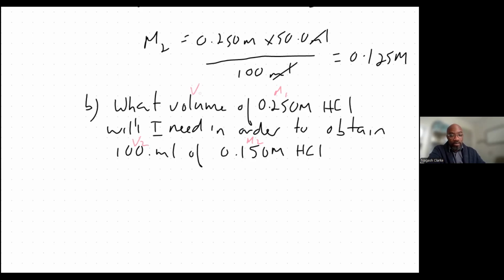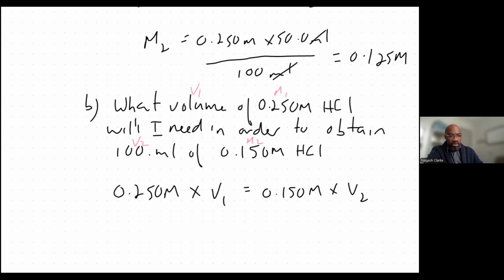So there's always going to be one we don't know in your standard mathematical formula. So that's going to be 0.250 times V1 is equal to 0.150 times V2. Right? And our V2 is 100, actually, so we know what that is. So we can put that in, 100 milliliters.